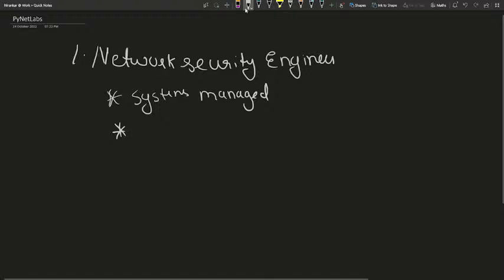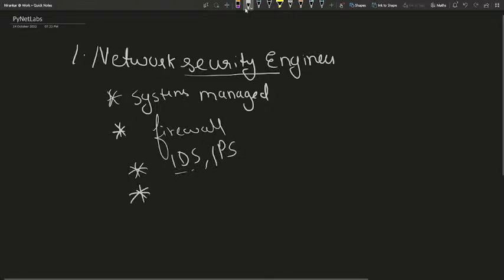So it sounds interesting, right? It's interesting the way a person can handle a network. Maintenance of firewalls, routers and switches is done by a network security engineer. In firewalls we have IDS and IPS, which are the intrusion detection system and intrusion prevention system.